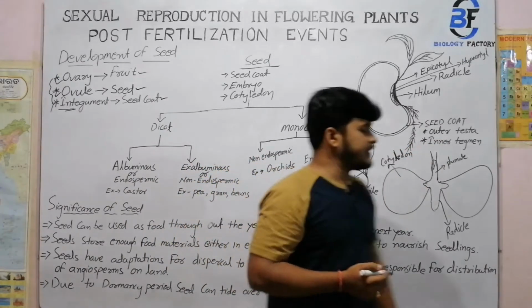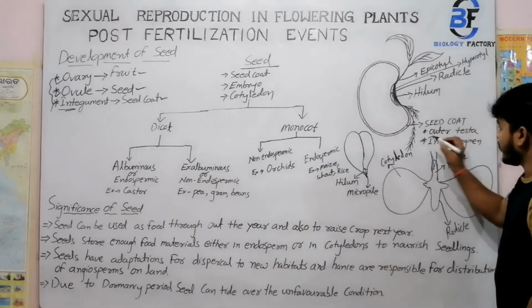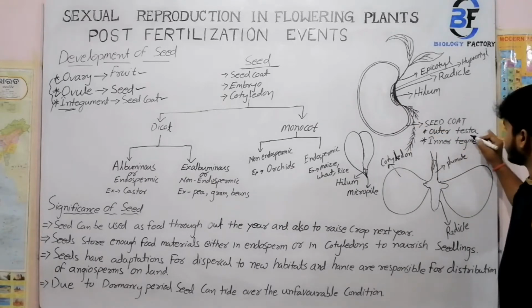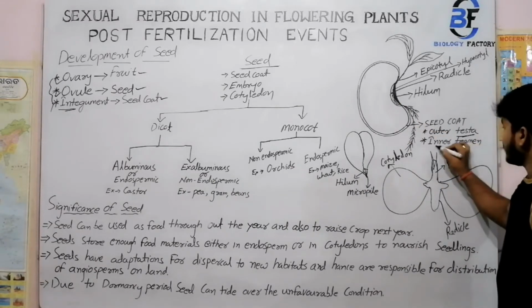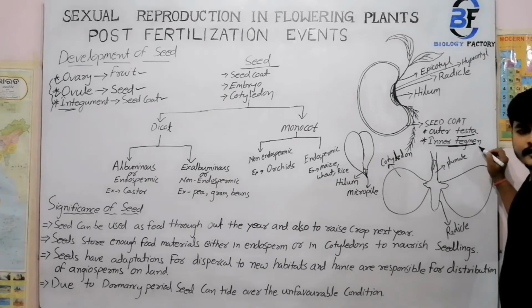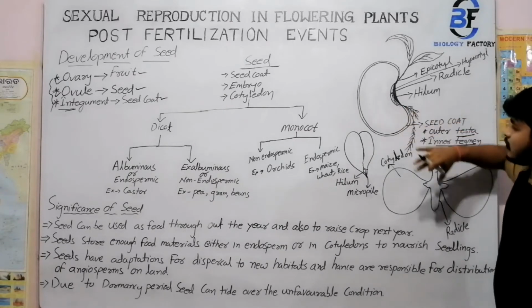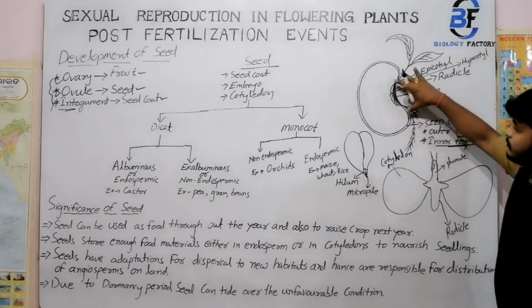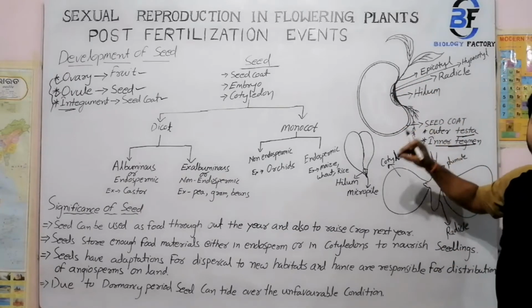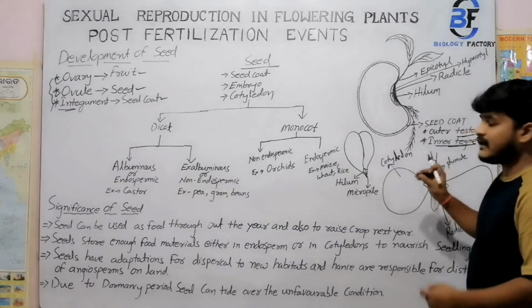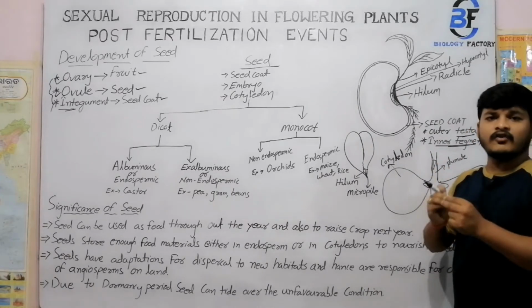That means the seed coat is divided into two parts: the outer seed coat is the testa, and the inner part is the tegmen. Next, the seed consists of a hilum, and the hilum varies according to the seed.